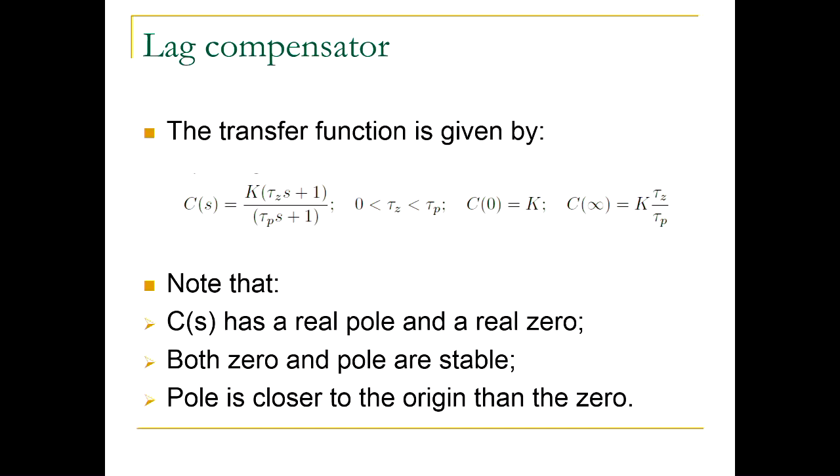The way this compensator transfer function is given, the DC gain, or C at 0, is just k. So just by playing with k, you are playing with the DC gain of the compensator. And then tau z and tau p do affect the corner frequencies in your magnitude plot, right?